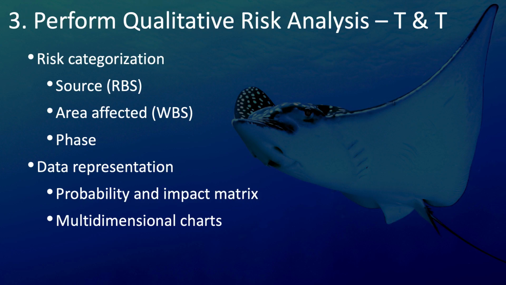You could categorize them by the phase in which the risk is most likely to have an effect, or the phase that it could have the greatest impact on, or any number of other types of categories. For data representation, you'll probably use a probability and impact matrix, as we have shown. But if you're going to use multiple factors, you may also want to use some multi-dimensional charts to show 3 or 4 different dimensions all in one chart.